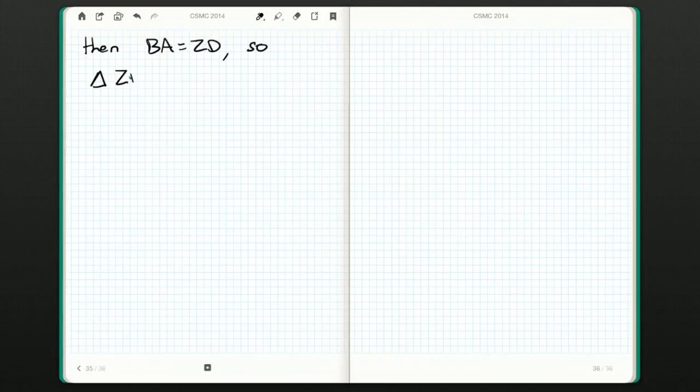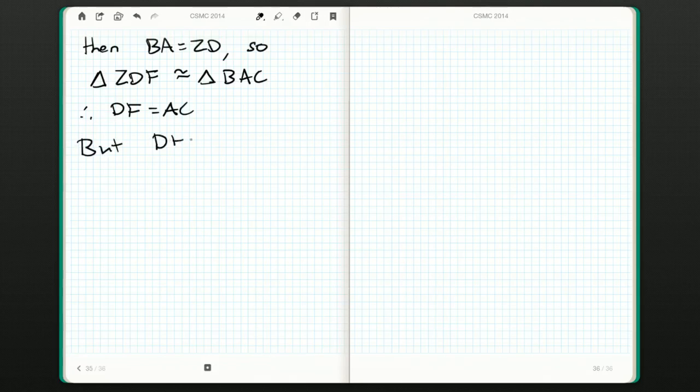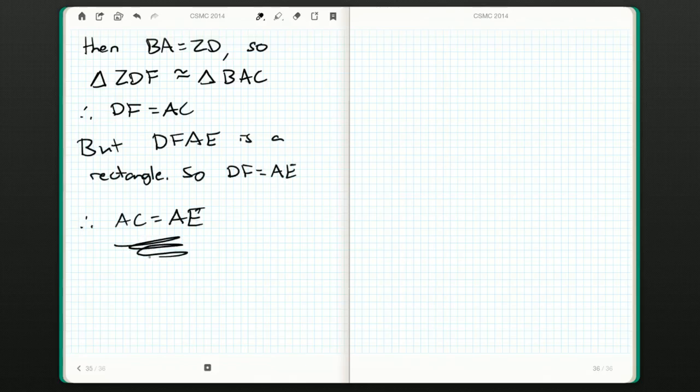So triangle ZDF is congruent to BAC. So what does that tell us? That tells us DF is equal to AC. But DFAE is a rectangle. So DF is equal to AE. And so we finally conclude AC is equal to AE.